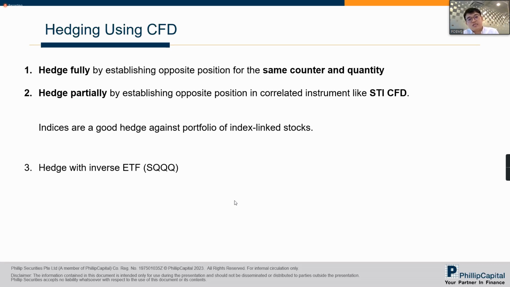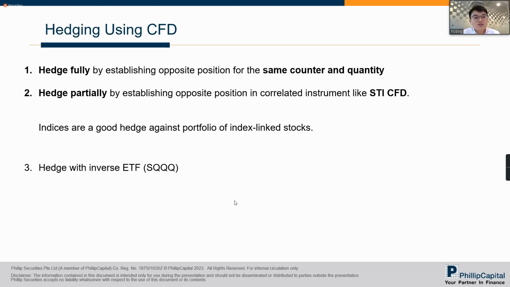Let's say you short the STI, so that when you lose in the stock, you can use the STI to cover partially, because the STI won't go down as much as the stock, because it's a basket of shares, as we know, it's an index.